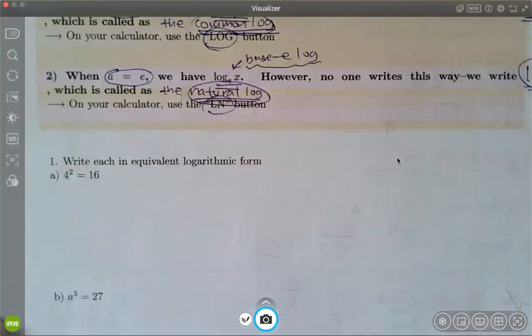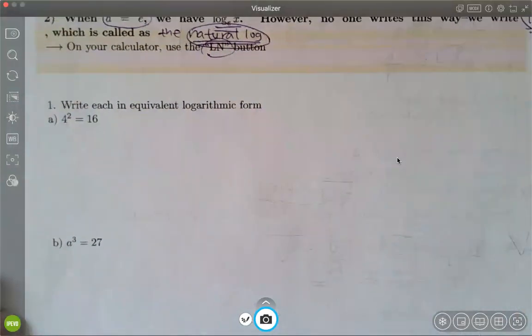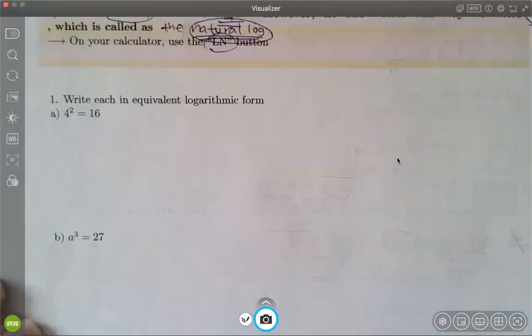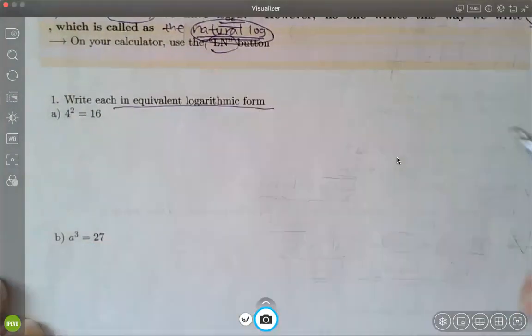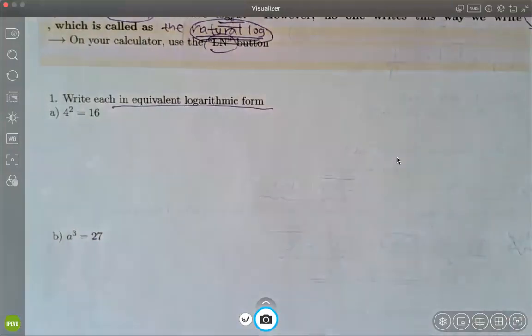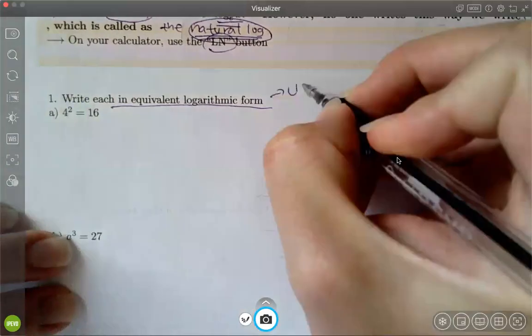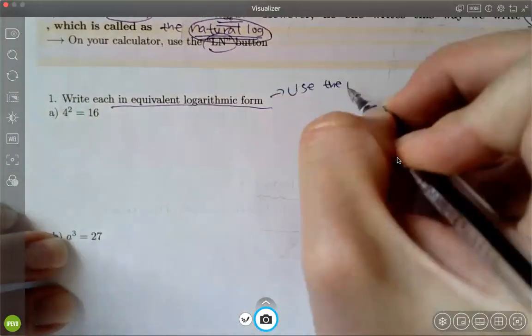So now let's work on a few problems. Write each in the equivalent logarithmic form. Usually this kind of problem gives trouble to a lot of people because they just don't know what to do. So we have 4 squared equals 16. What does this mean? This kind of problem means use the previous fact.